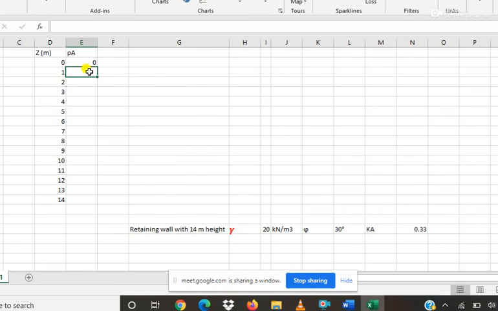For depth equal to 1 meter, Pa equals Ka multiplied by gamma multiplied by Z. For depth 2 meter, same, Ka, gamma, Z. Like that you may calculate yourself.